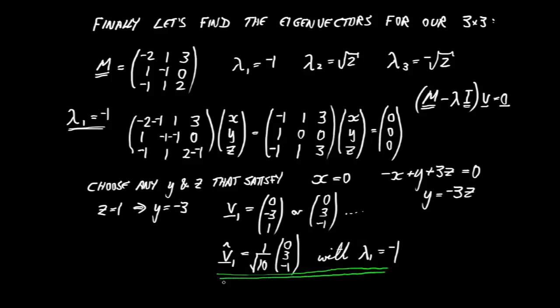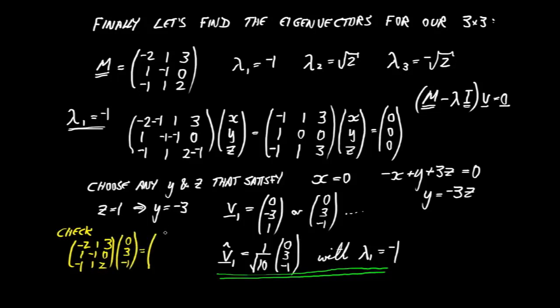So for that we'll simply need to write out our matrix M, the original matrix, which was minus 2, 1, 3, 1, minus 1, 0, minus 1, 1, 2. We have our vector 0, 3, minus 1. We just need to do this sum.